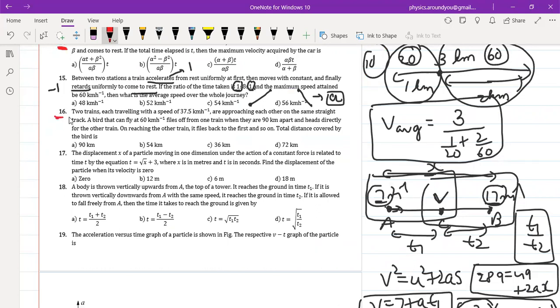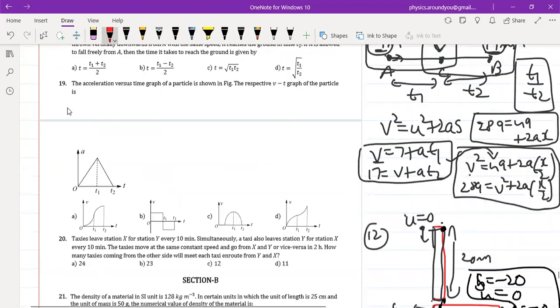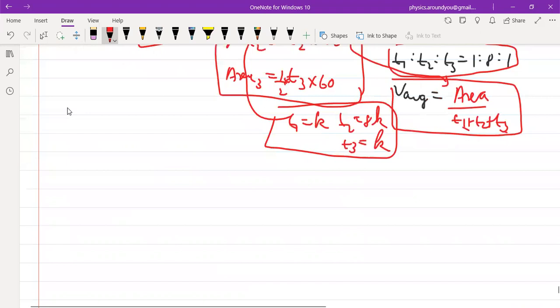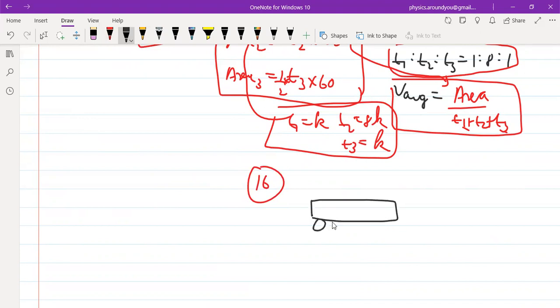16th one, a train and a bird. For the train and a bird one, we do this. Many people have fallen prey to this. The train here is going with some speed V1, this also with V1.